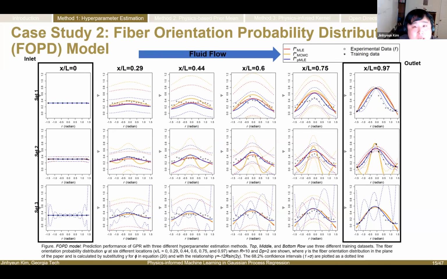For MCMC, we use 1000 MCMC draws with 100 burn-in. When you look at the blue plot, which is the PMLE, it captures the underlying dynamics, which is the bell-shaped nature.